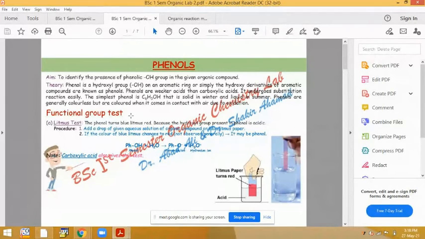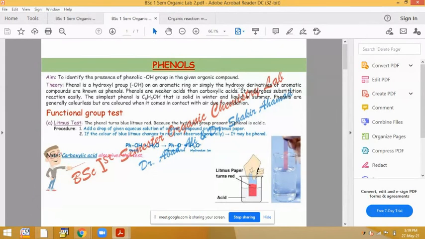So it is aromatic but soluble in water, shows a sooty flame, and changes litmus paper color, but gives a negative sodium bicarbonate test. From these tests, you can get an idea that your compound may be phenol.